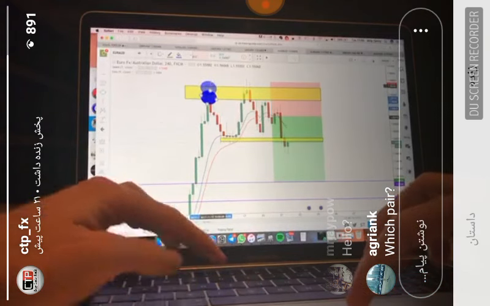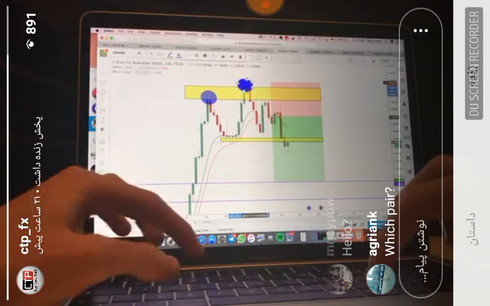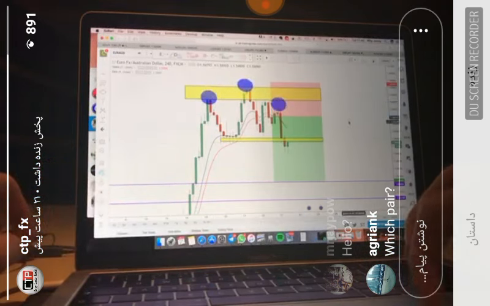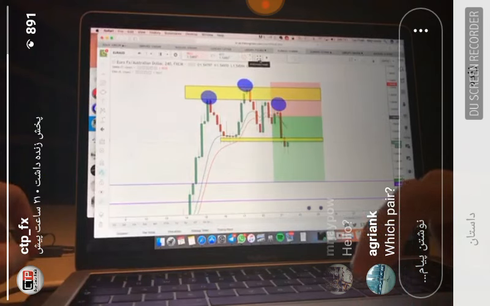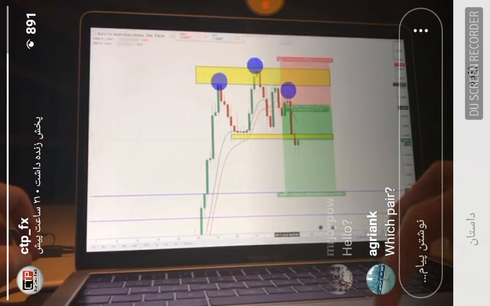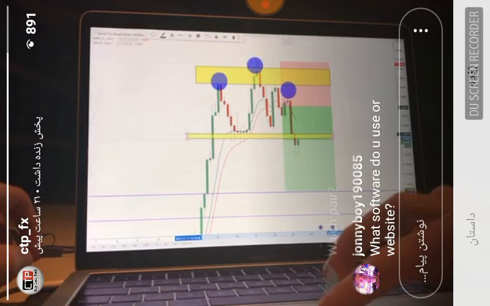You could probably even set this up as a 4-hour head and shoulders. You can see you've got this one here, which is the head, left shoulder, right shoulder, and this yellow line I've just put on is the neckline.